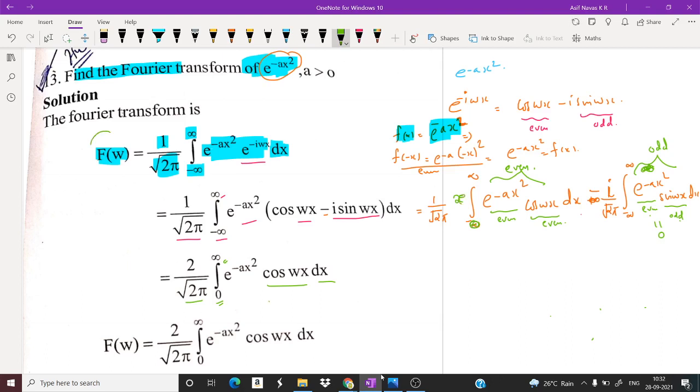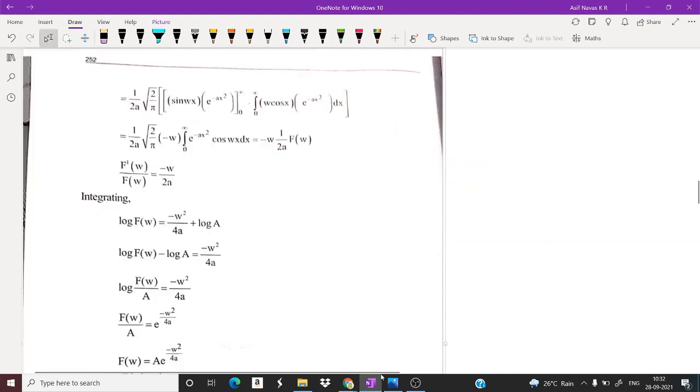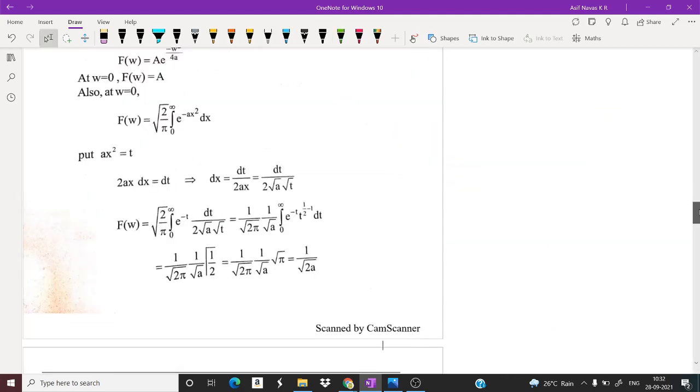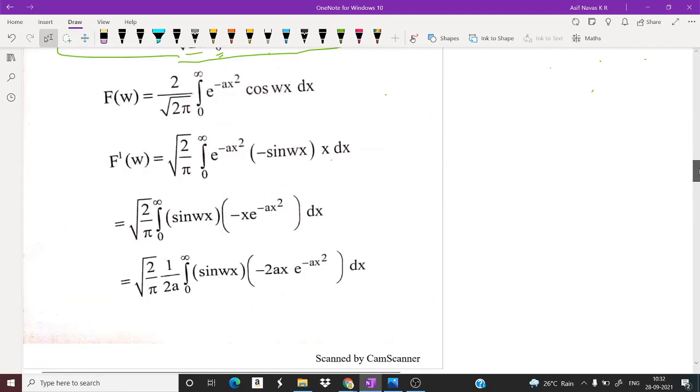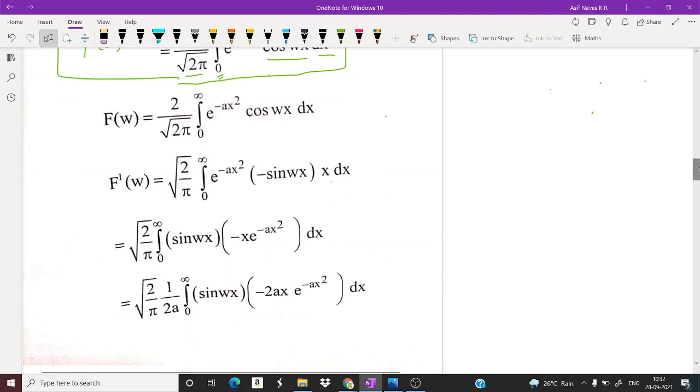So now our integral f of omega is converted into this format. Now we have to integrate this. Again, the problem is we cannot integrate this function because e raised to minus ax square is there. So now we will find the derivative f dash of omega, differentiating with respect to omega.